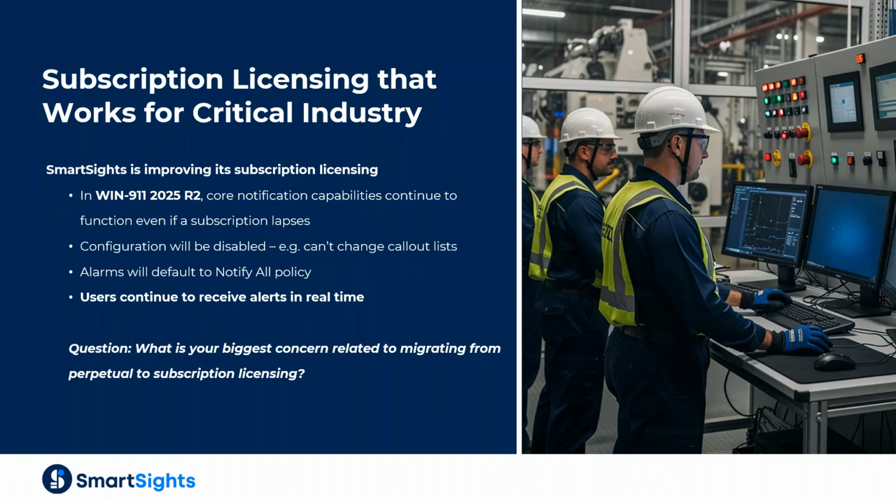Now, there are some caveats to that. Configuration will be disabled. Users can't do things like change callout lists or contact information, and their alarms will default to a notify all policy. So they'll lose the time-based escalation, for example, if they're using that. But the critical thing here is that users will continue to receive alerts in real time indefinitely.